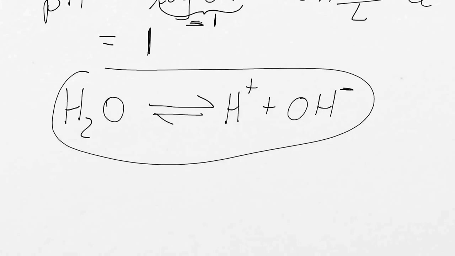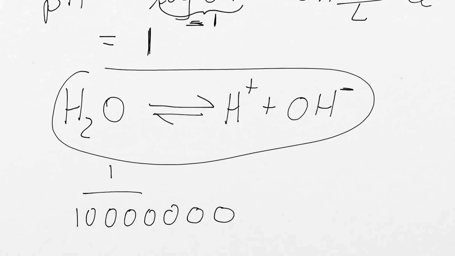So that's the same as 1 over 10, 100, 1,000, 10,000, 100,000, 1 million, 10 million. Yeah? Only one of these 10 million molecules will do this reaction, proton into OH minus.